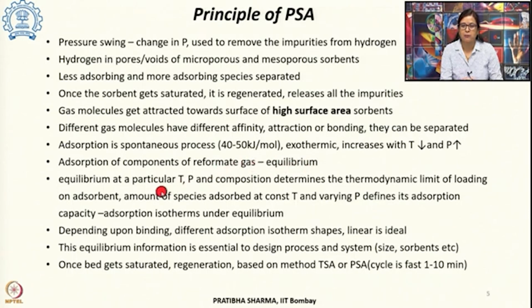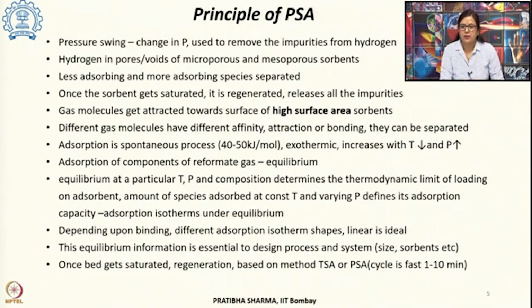So, at a particular temperature, pressure and composition, this equilibrium actually determines how much amount of impurities that particular sorbent can take. So, that is the thermodynamic limit of the loading of the adsorbent. The amount of species that can be adsorbed onto it at a constant temperature, if we vary the pressure, we can get the different adsorption isotherms under that particular equilibrium state.